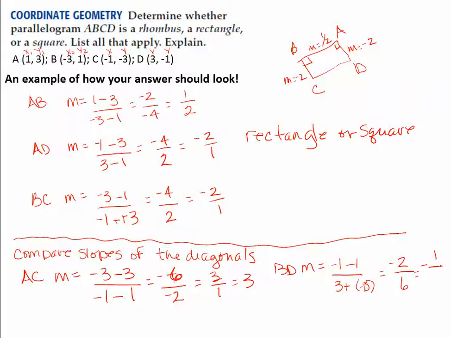So I get a negative 1/3. So these guys right here are opposite reciprocals. So now I know, and it doesn't look that way in the picture, that those are perpendicular. So my final answer is I'm dealing with a square.